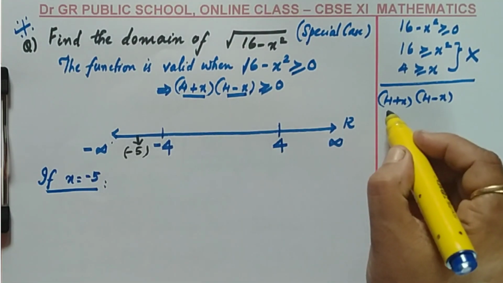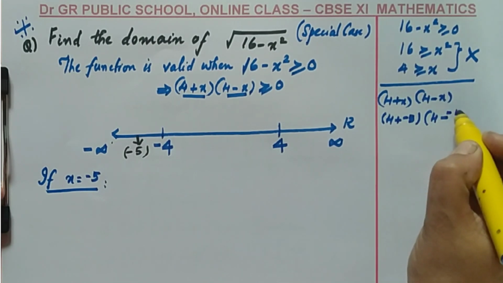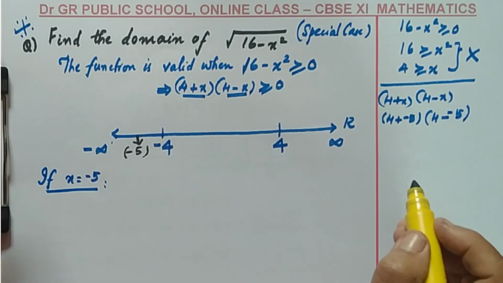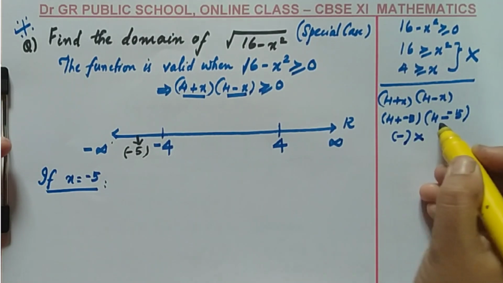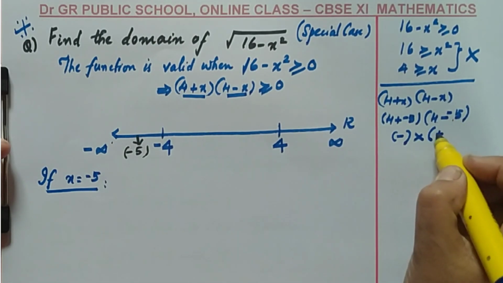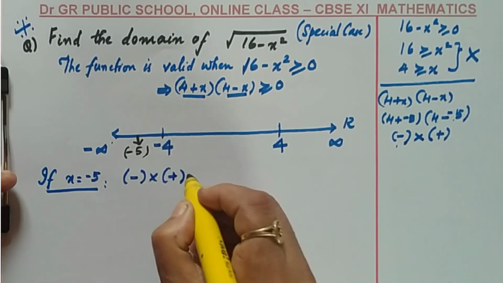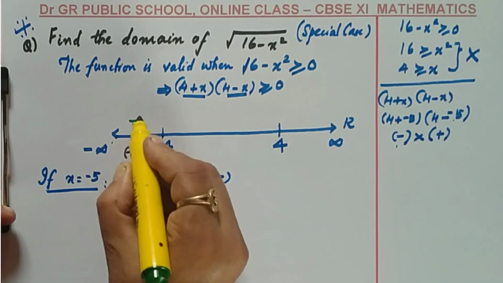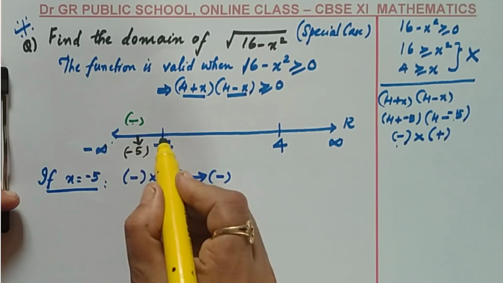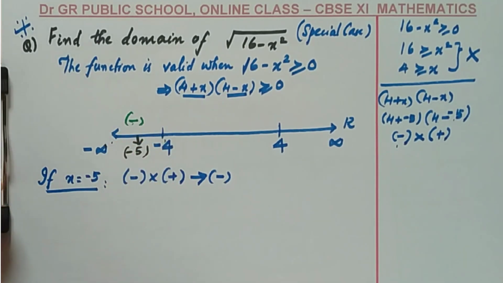When x equals minus 5, we get (4 plus minus 5) into (4 minus minus 5). You need to find the ultimate sign. Here the first bracket will be negative, and the second bracket will be 4 plus 5, 9, which is positive. Negative into positive, the ultimate answer will be negative. So in the interval minus infinity to minus 4, the function takes negative values for all the values between minus infinity and minus 4.